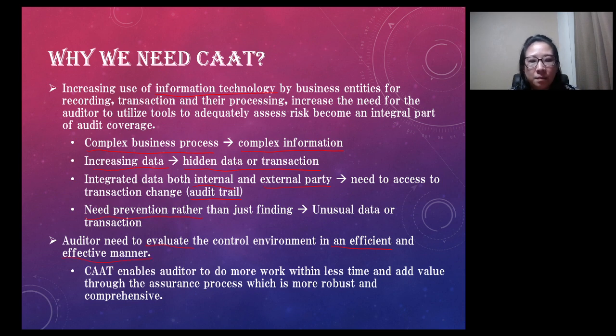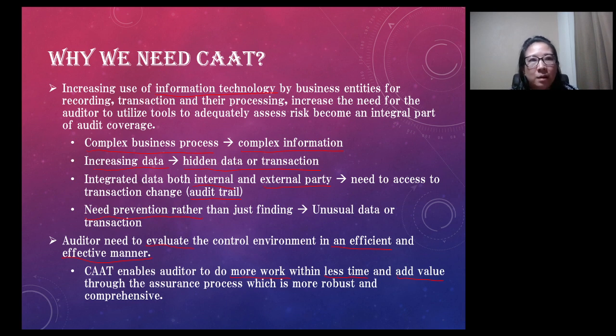Efficient and effective here means that the auditor needs to do more work, because there is more data, more things to be evaluated. So the auditor needs to do more work, and it needs to be done in less time. It means the auditor needs to be faster, and the auditor also needs to give more value.